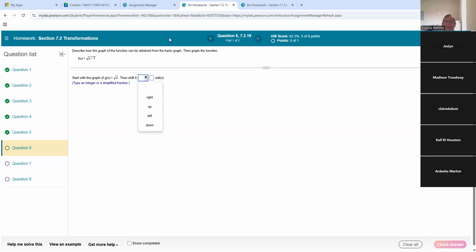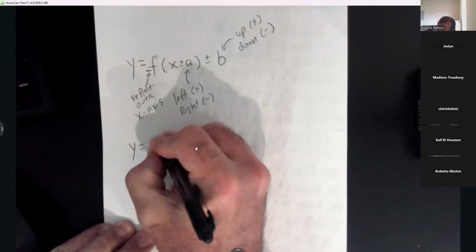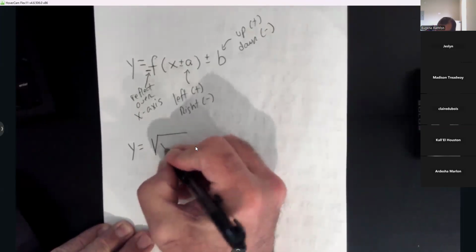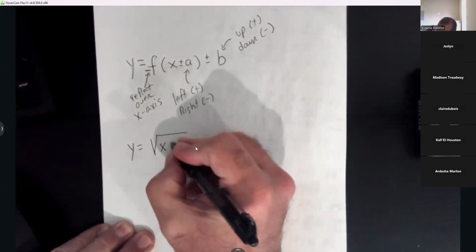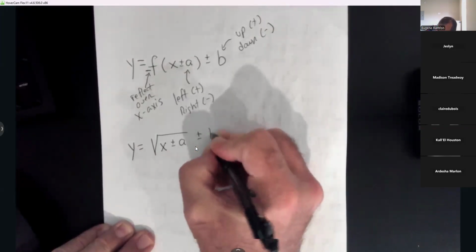Okay, so let me show y'all on this one what I would do on these radicals like this, okay? So on your radicals, you're going to have your y equals square root. So if it's like this, x plus or minus a, and then you got plus or minus b.